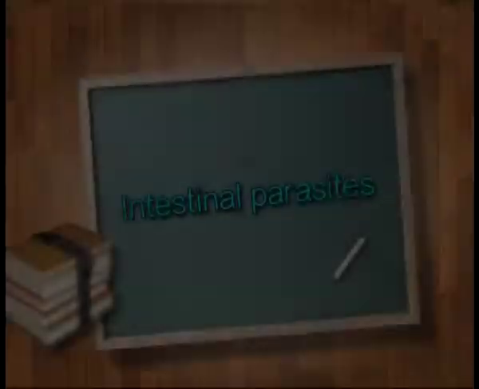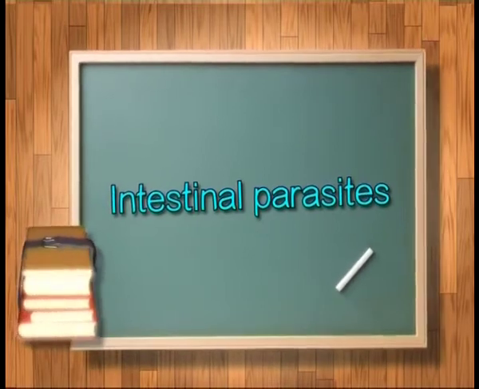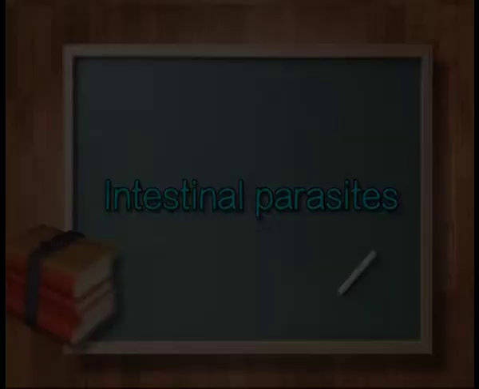Now we have intestinal parasites. Intestinal parasites are parasites that can infect the gastrointestinal tract of humans. They can live throughout the body, but they mostly prefer the intestinal wall.